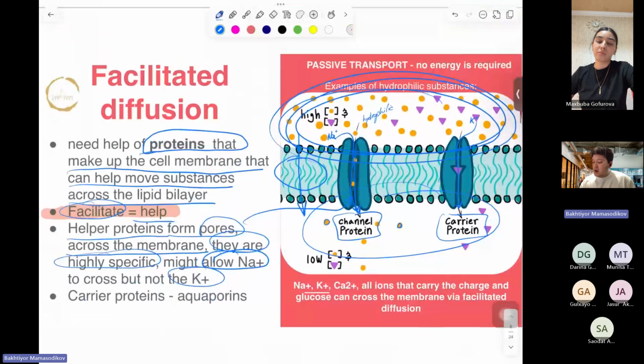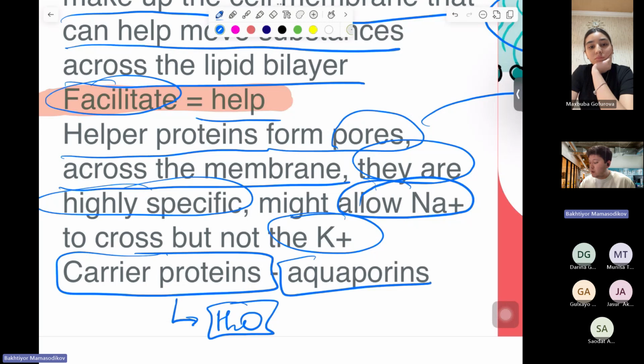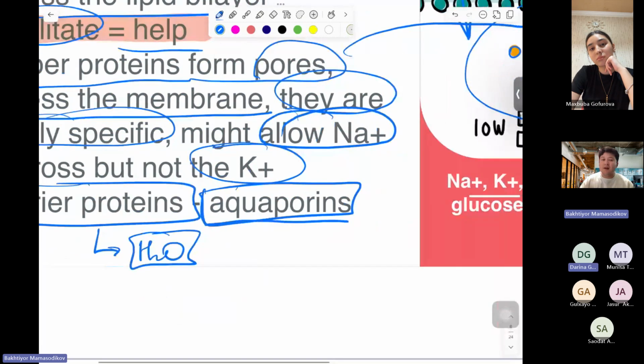For example, the carrier proteins specialized specifically for the water are aquaporins. Aquaporins are specialized for water molecules. So aquaporins transport the water molecules. Where do you think the aquaporins are more in our body? Where in our cell?